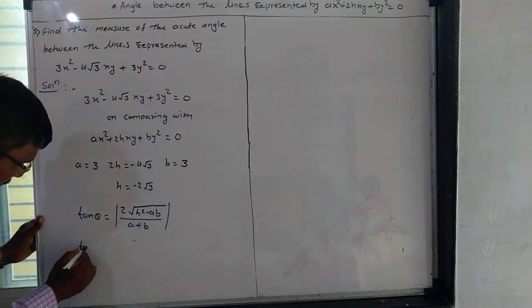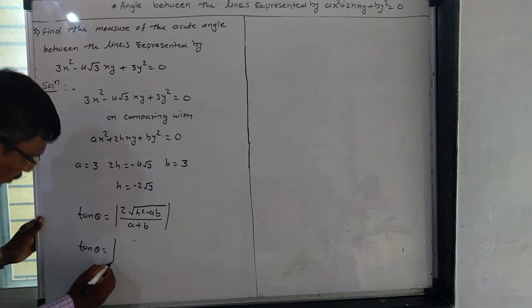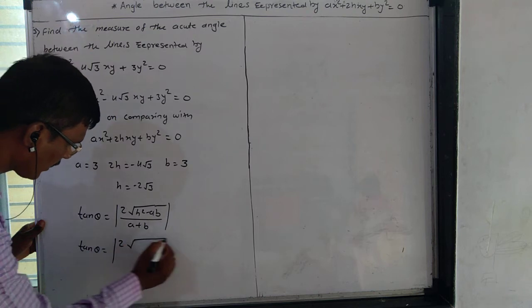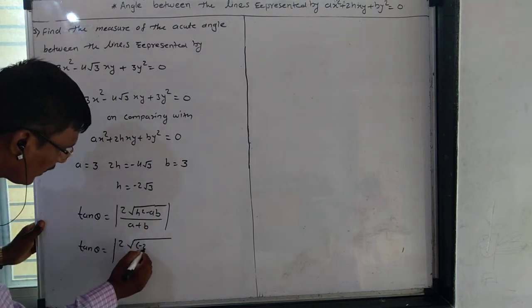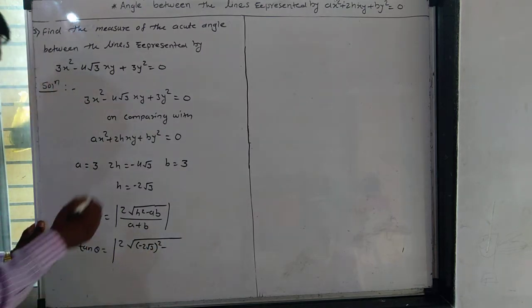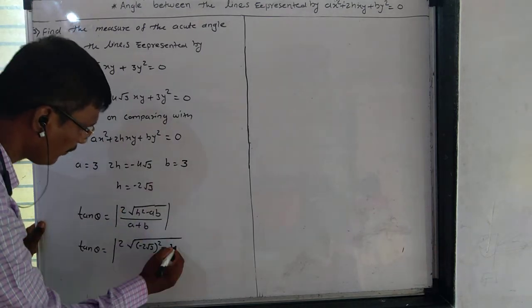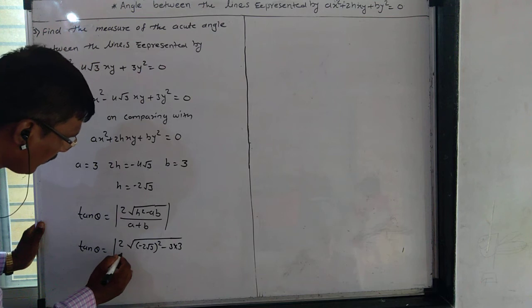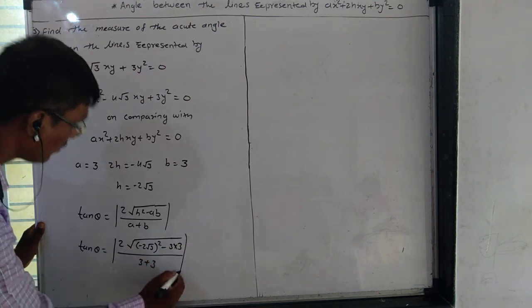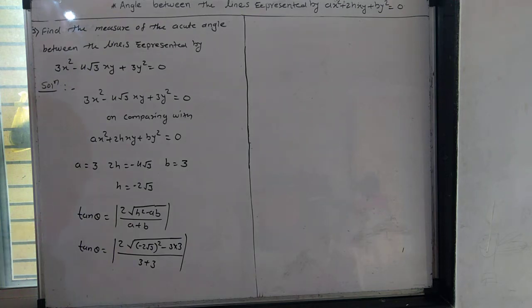Therefore tan θ = |2√(h² − ab) / (a + b)|, with h = −2√3, a = 3, b = 3, divided by 3 + 3.